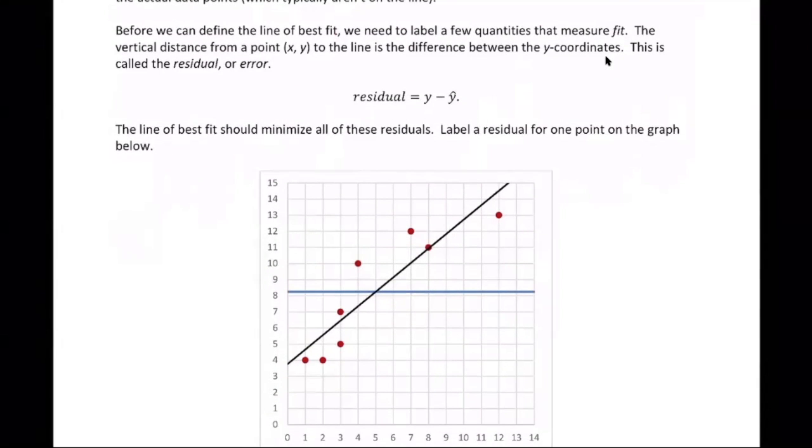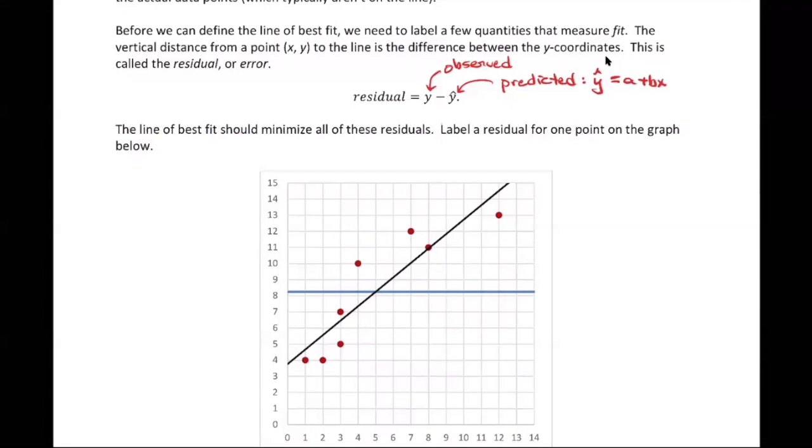And remember, y is an observed y value. Okay, y hat is a predicted y value using the line of best fit: y hat is a plus bx. So someone will give you an x coordinate and you'll predict a y coordinate. That's the idea.